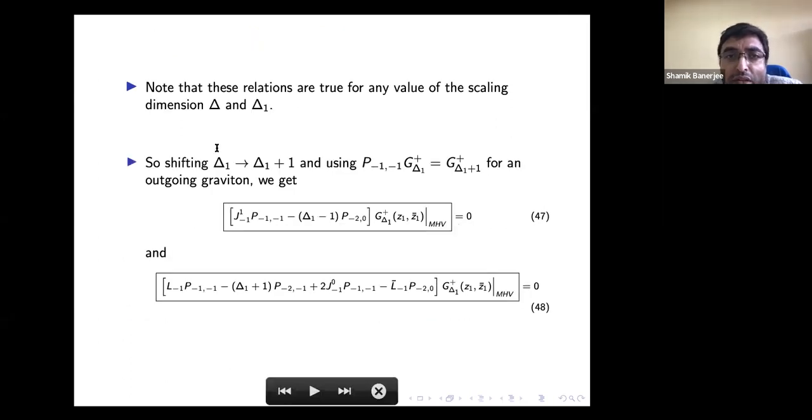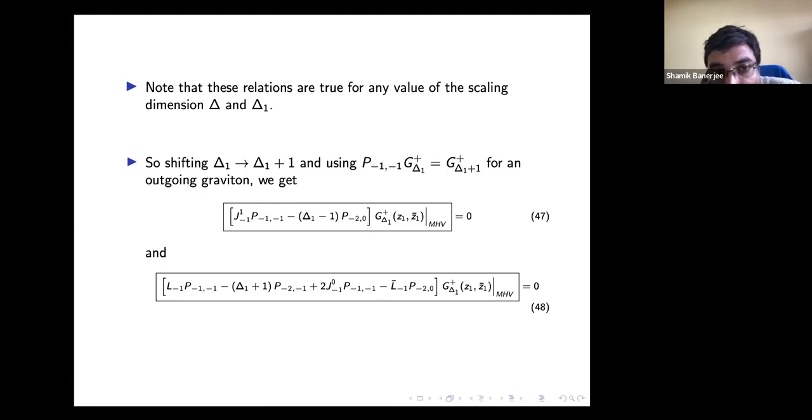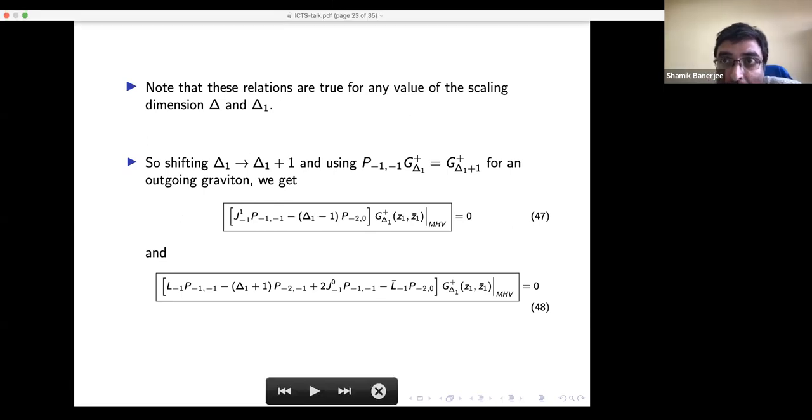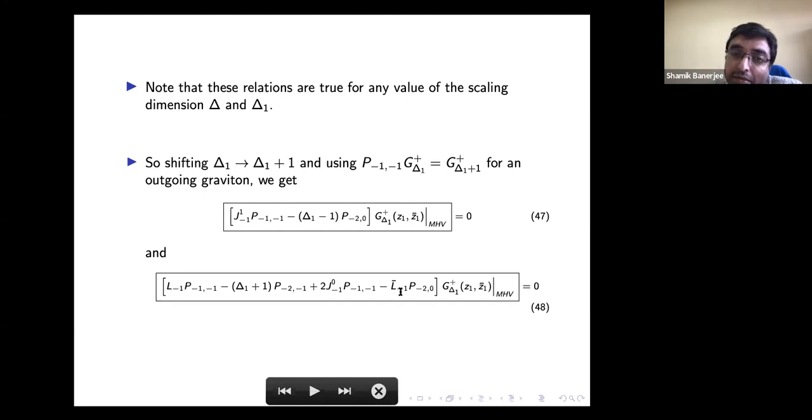So now what we can do is shift this delta 1 and write it in a more convenient form, which is this. We can just recognize this easily. If we know 2D CFT, this should be treated as null states.